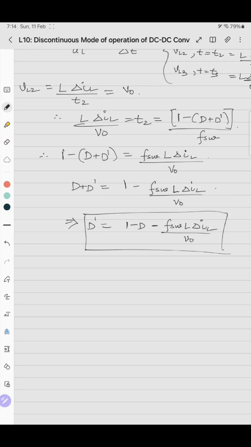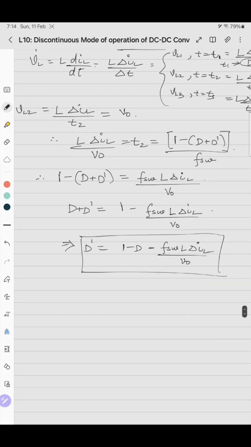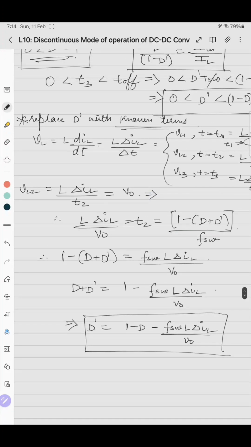This we have derived. Let's assume that using this formula we derived the inductance, but we also have to make sure of L in this case. If we write this expression in terms of L, L will be V naught T2 by delta IL. We have to make sure that this L is less than L critical. Let's say that V naught is the same in discontinuous mode as well as continuous mode, and delta IL is also the same. So this T2 will make sure that the value of the inductance is less than L critical.